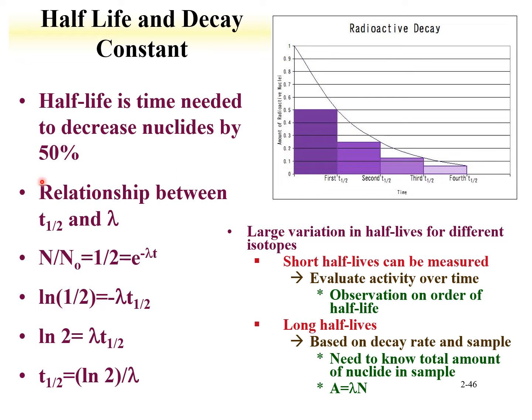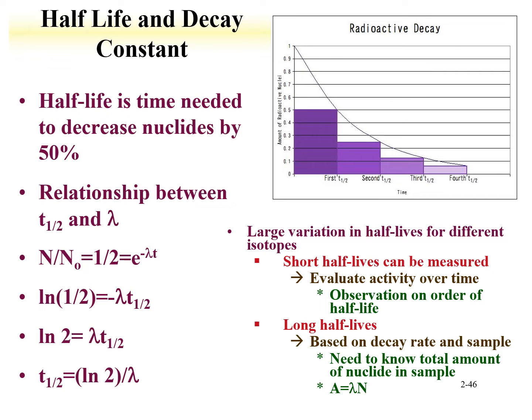If I took the general equation where the number of atoms at a given time t is equal to the number of atoms initial times e to the minus lambda t, and I just looked at the ratio, the time that it takes to get to a half is when half is equal to e to the minus lambda t.